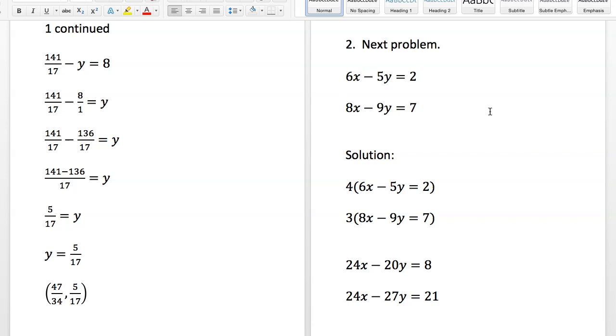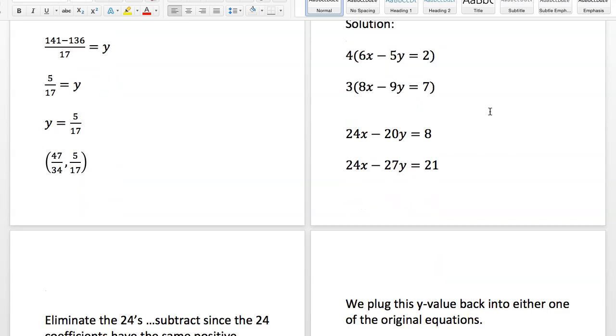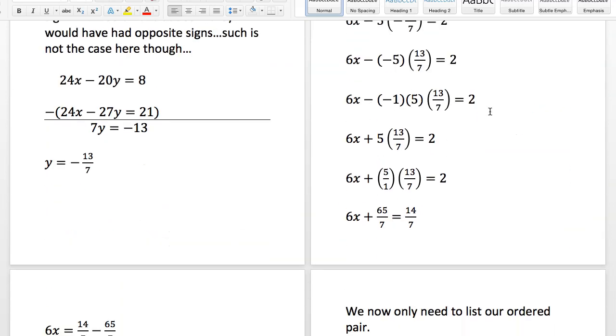If I multiply by 6x minus 5y equals 2, can I do this in my head? 6x minus 5y equals 2.